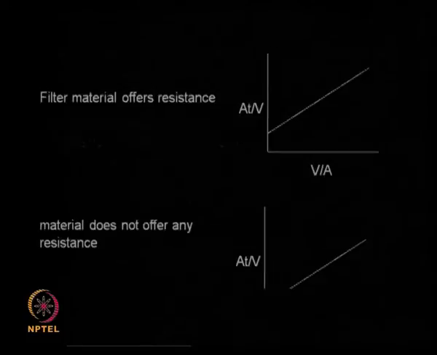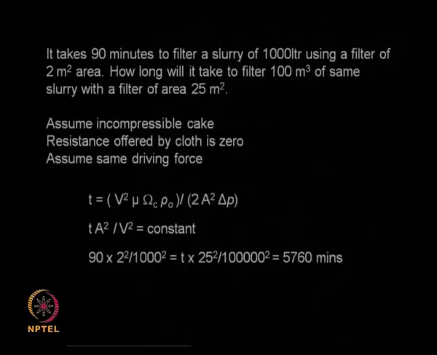More pressure means a larger pump, which means you are going to spend more money, especially in the capital cost as well as in the operating cost. So let us look at a simple problem which gives some idea about calculating the filtration process.